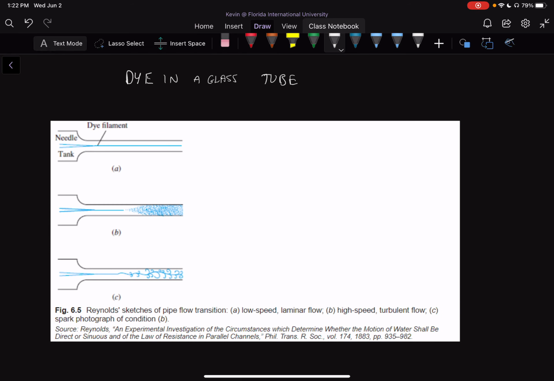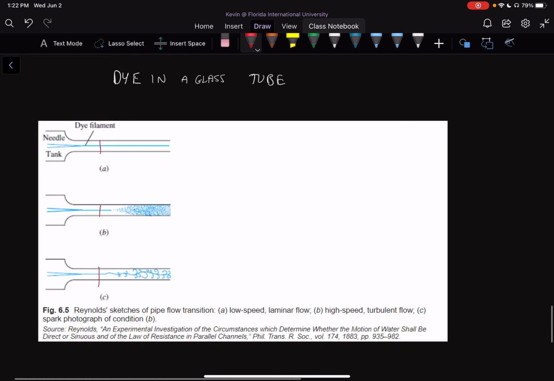Okay, we see that the flow through a pipe in the initial phase of all three is initially laminar, and as you move forward, the formation of this dye now creates this turbulence region.